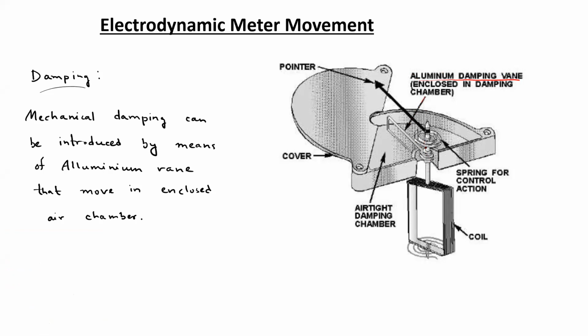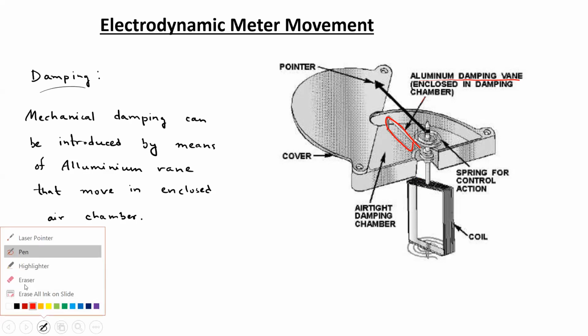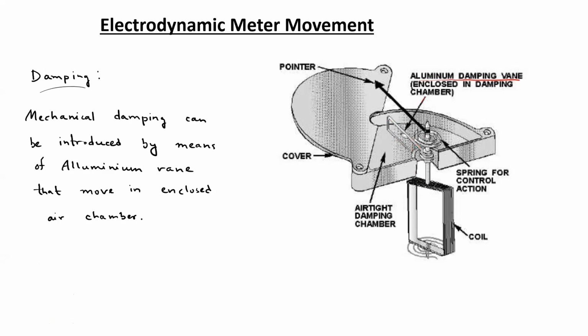When the moving coil rotates, it rotates the pointer, and as the aluminum vane is also connected with the shaft, the aluminum vane is also going to rotate along with the pointer movement.